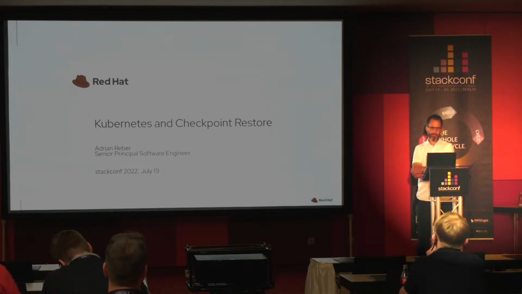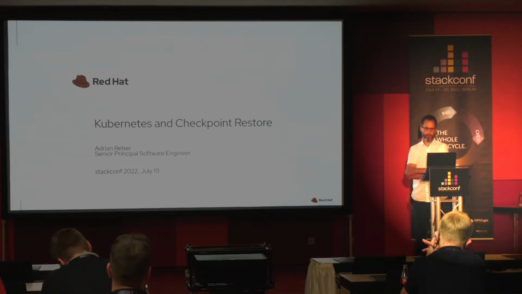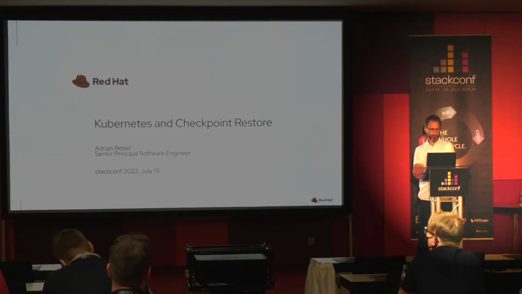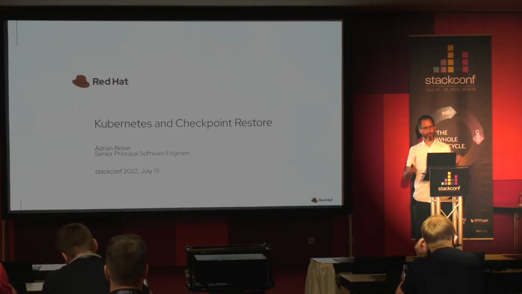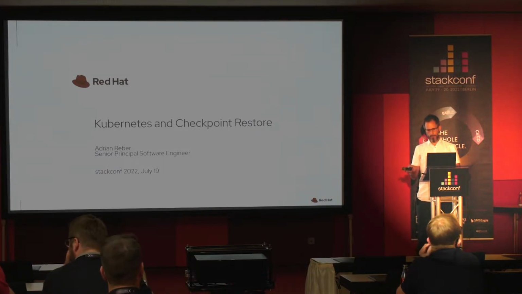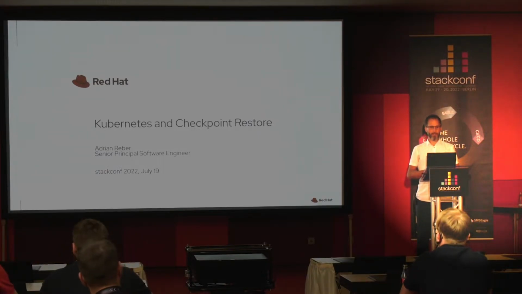I'm at Red Hat since 2015 in the core kernel team there, and I'm looking at process migration, which is the basis for container migration, container checkpoint restore, at least for now 12 years. Everything I'm talking about today is about CRIU.